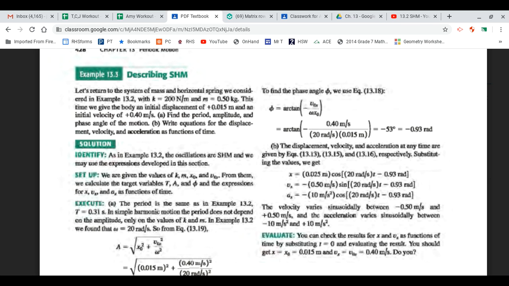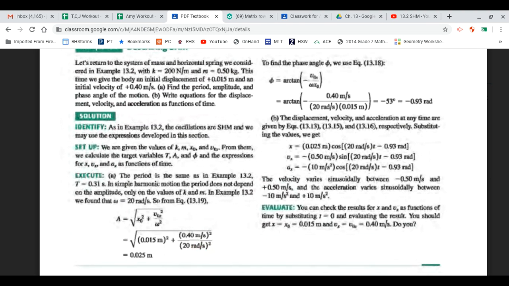Actually, let me change that. That is not the amplitude, 0.015. It's just an initial displacement for right now, x sub 0, basically the position at t equals 0. So let's make sure we realize that, 0.015, and an initial velocity, v sub 0, of 0.4 meters per second.